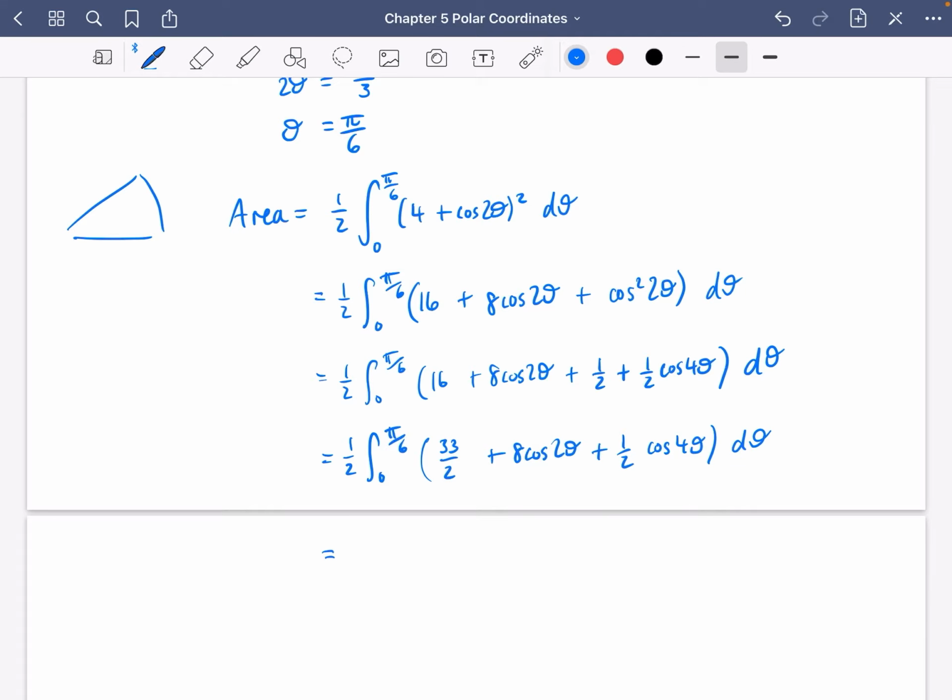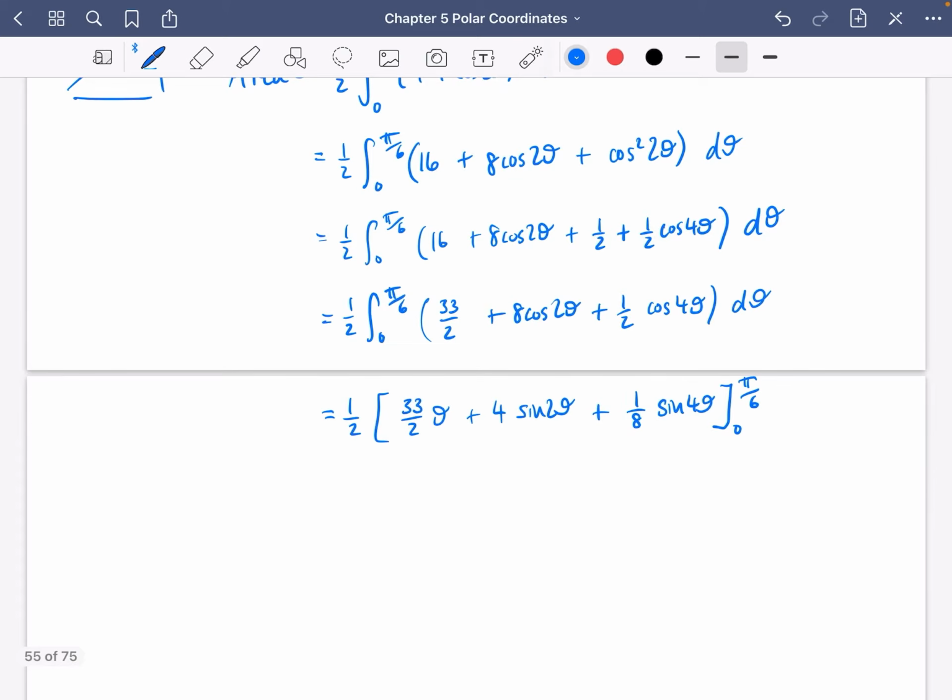So we're going to go in with the integration. So I'm going to put my half. I'm going to have my 33 over 2 theta. I know it's going to be a sine 2 theta, and it's going to be an 8 over 2, which is 4. I know it's going to be a sine 4 theta, and I'm going to divide by 4, so I get an 8 sine 4 theta, and that's between 0 and pi over 6.